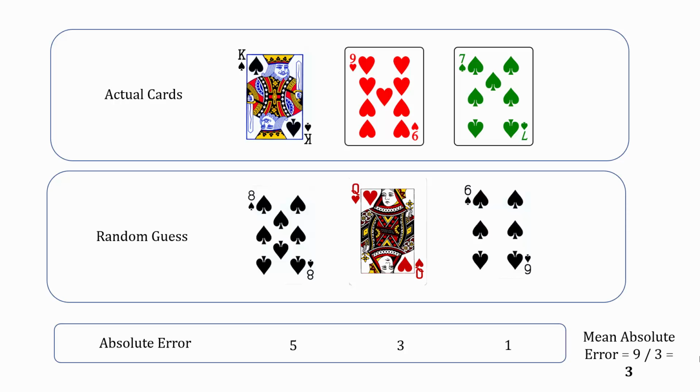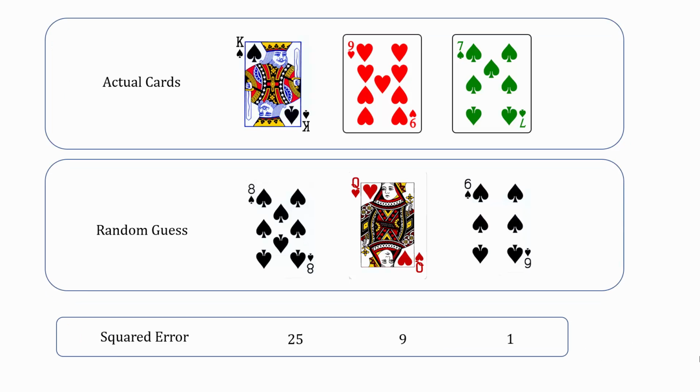The other way of finding the error would be the squared error, where you take the error and you do a square of it, and then you take an average of that square. So here the mean squared error would be 35 by 3. One might ask, why do you need to do square? Well, in neural network training or in general in machine learning, having squared error has some utility.